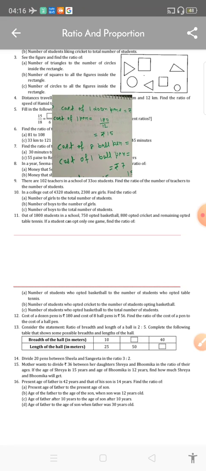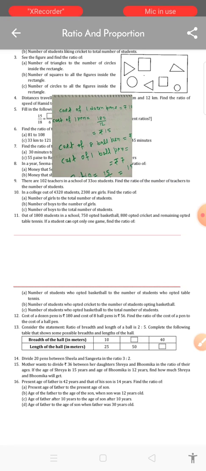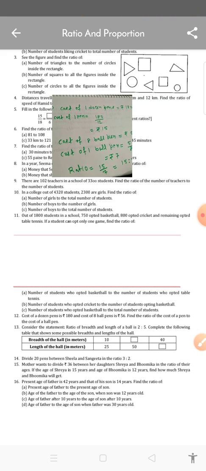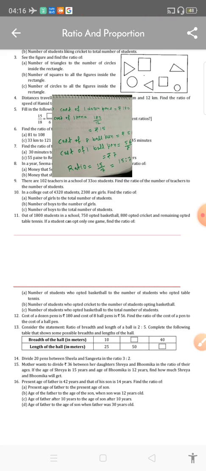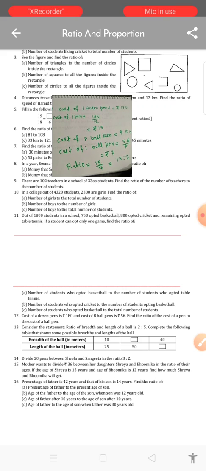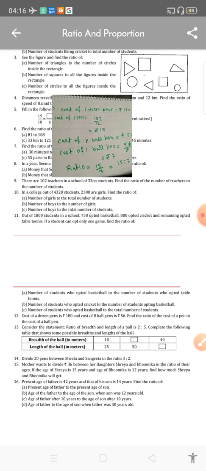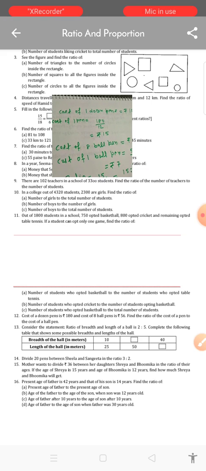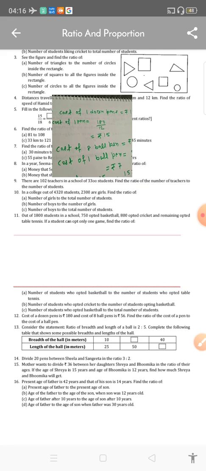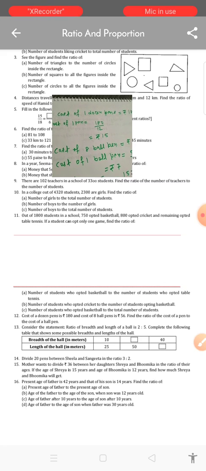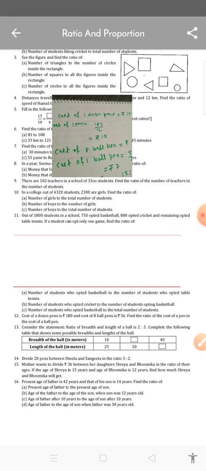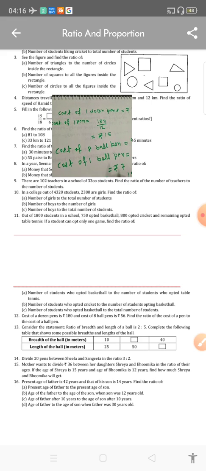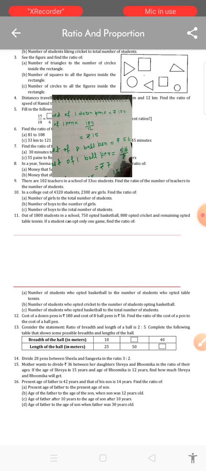So student, first we find, this is given, the cost of 1 dozen pens is 180 rupees. So first we find the cost of 1 pen, which is 180 by 12. So the cost of 1 pen is 15 rupees, and also the cost of 8 ball pens is given as 56 rupees.